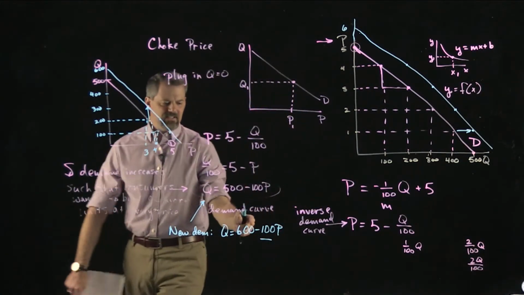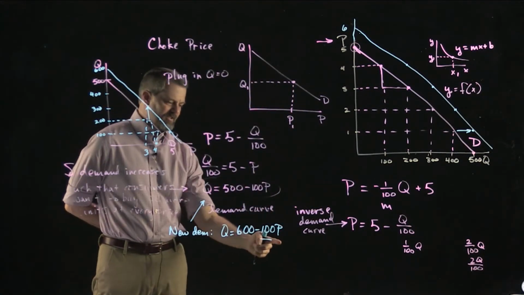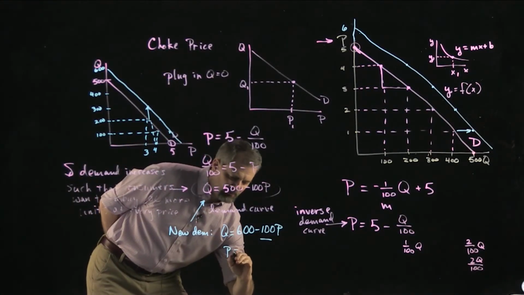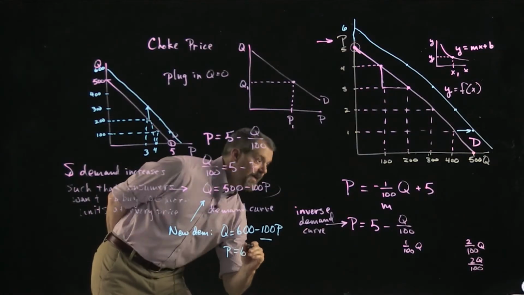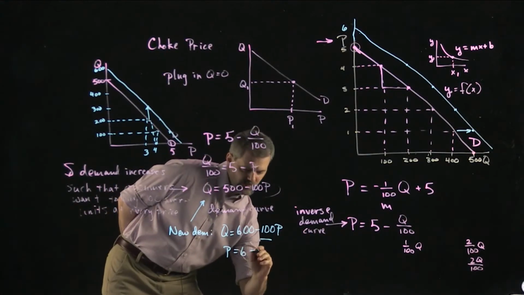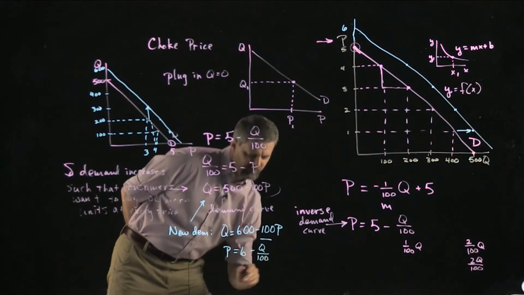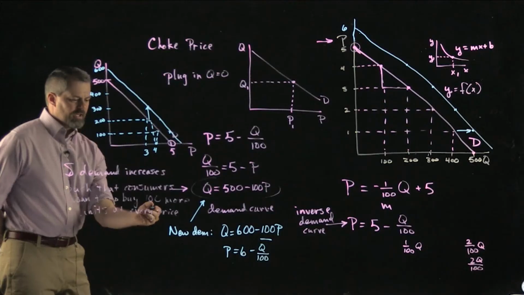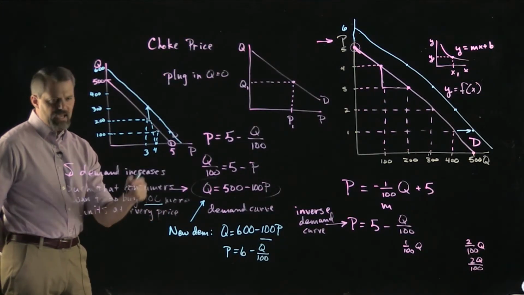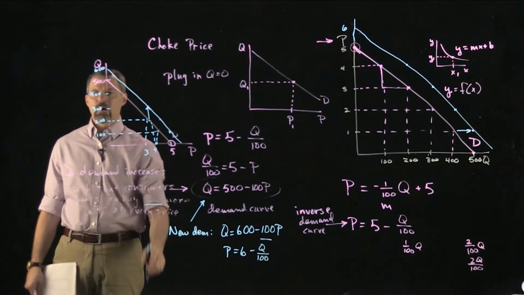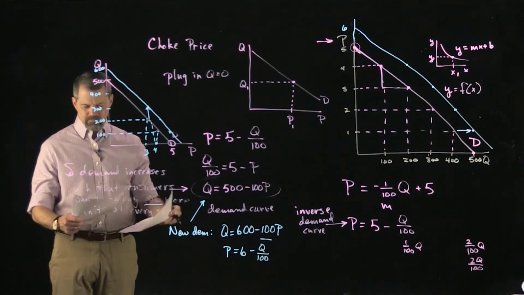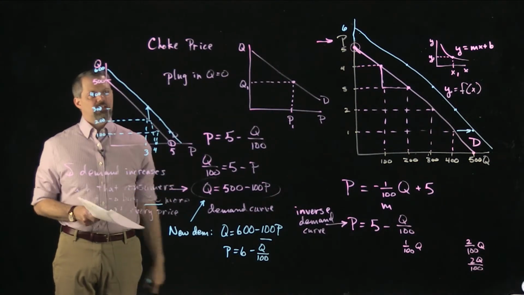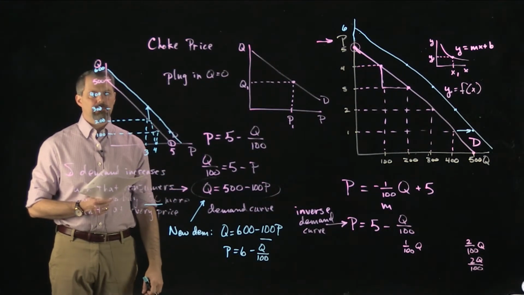And if you take this demand curve and invert it, you will get P equals 6 minus Q over 100. So what you want to do is change the intercept of the demand curve by whatever amount demand changes by. Okay?